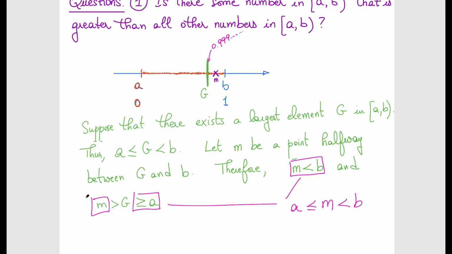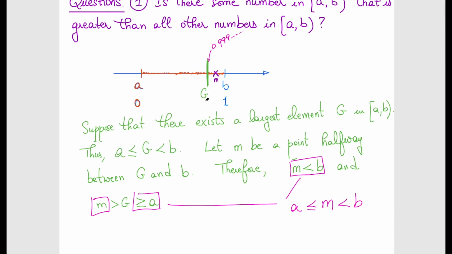One more time, I'm supposing that there exists a largest element, call it G, your 0.999, etc. That's an orange guy, and I'm choosing an element, little m, which is the midpoint between the supposed largest element and B. I'm making the case that little m is orange, which means little m is smaller than B and greater than or equal to A. This is what it means for little m to be orange.